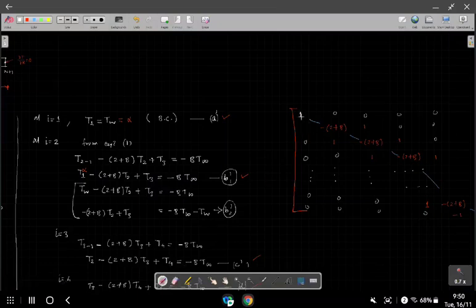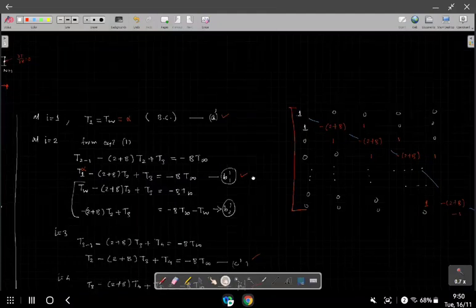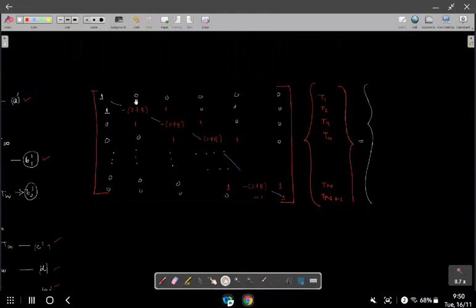T1 is equal to Tw, so Tw. This is the matrix multiplication, Tw.